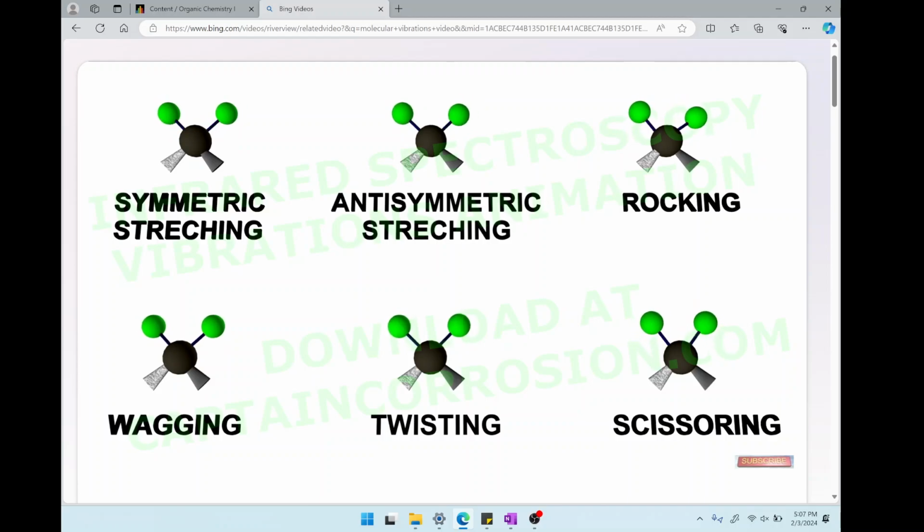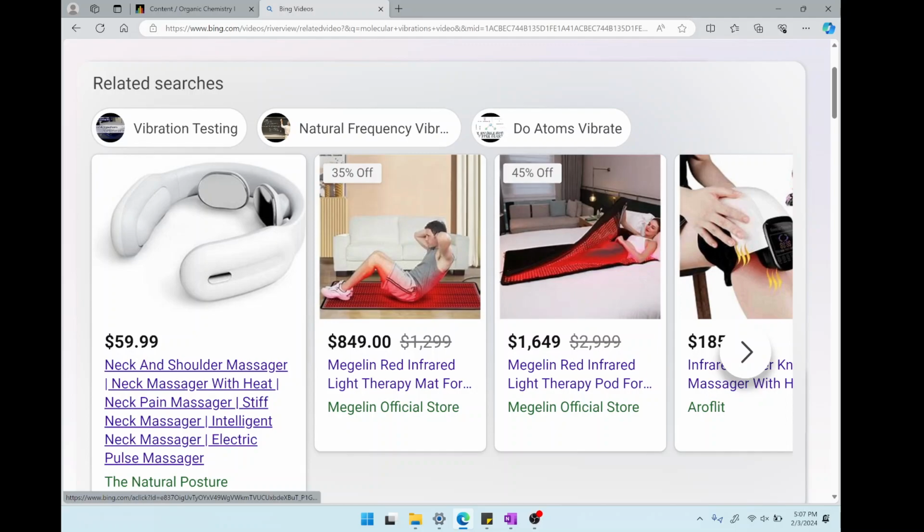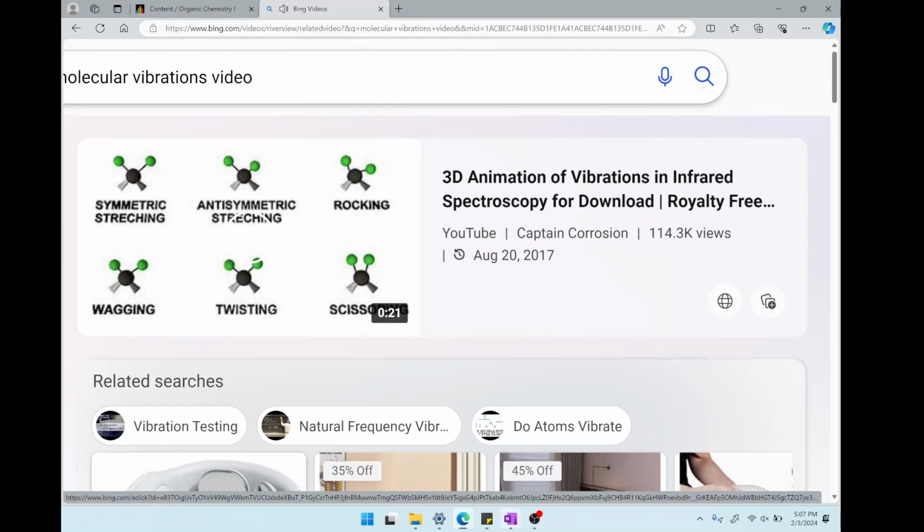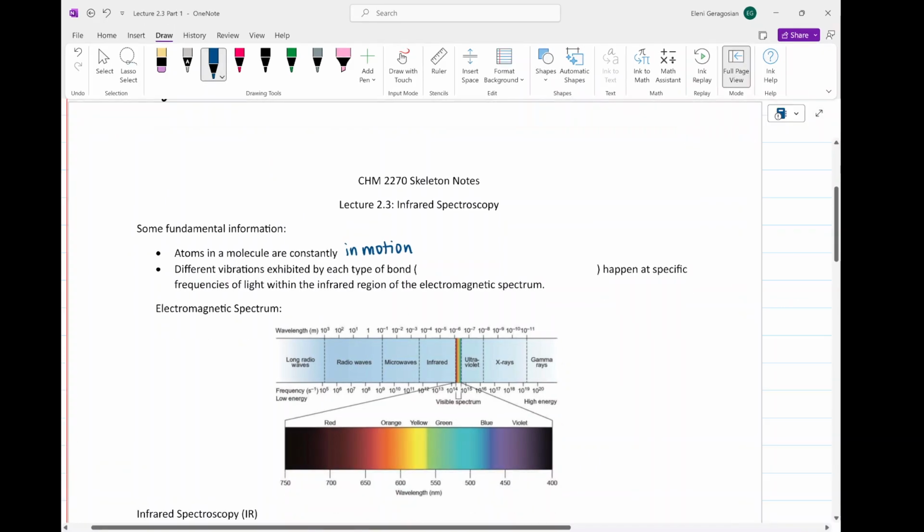These movements require energy, and atoms can absorb energy for those movements to occur. But different types of bonds exhibit different motions of different energies. So we'll say different vibrations exhibited by each type of bond.